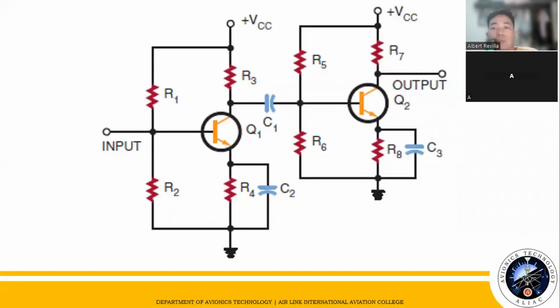So resistive capacitive coupling or RC coupling consists of two resistors, one, two, and a capacitor connected, ito, as shown in the figure. So, resistor R3, yan. Resistor R3 is the collector load resistor of the first stage.